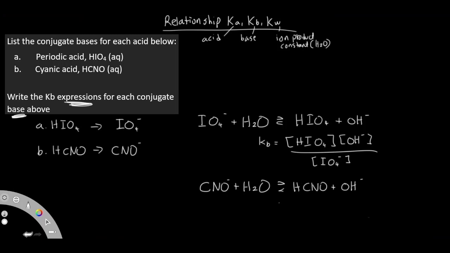That's it. So now let's create our Kb expression. We got our products on the top, HCNO multiplied by our OH minus all over our CNO minus. There we have it. That's it.